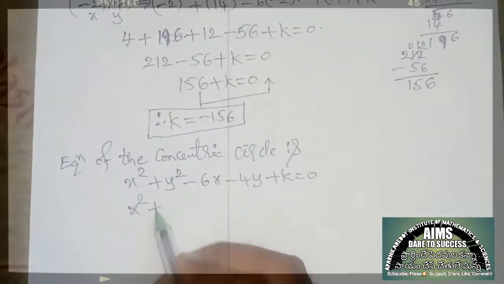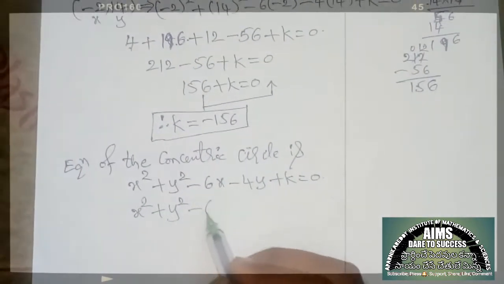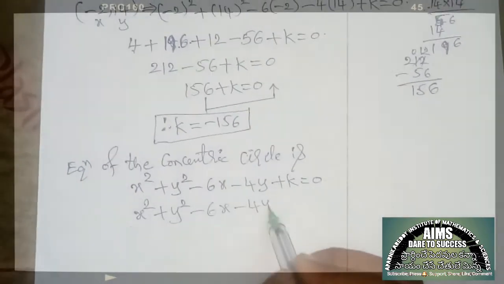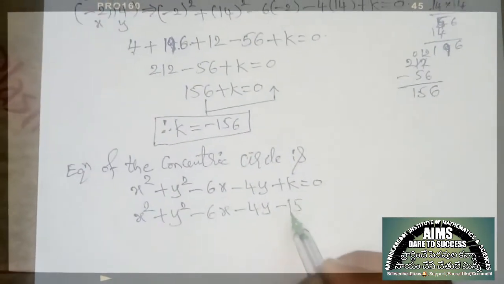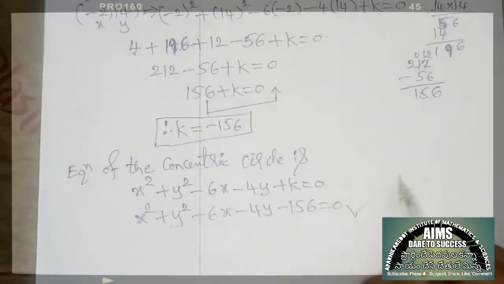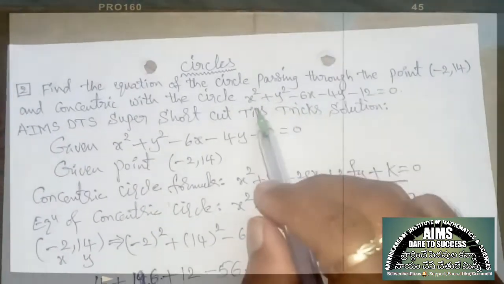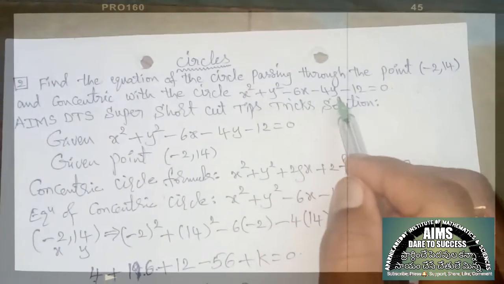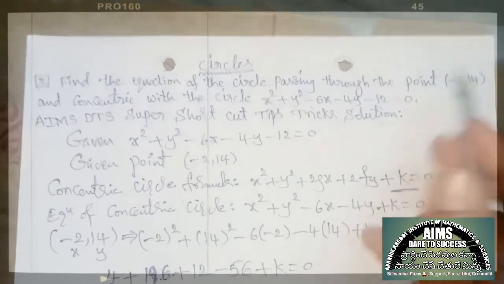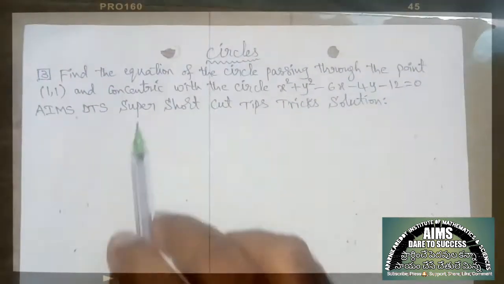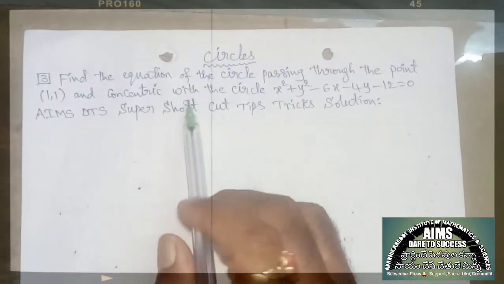So substituting here we get x square plus y square minus 6x minus 4y minus 156 is equal to 0, which is the equation of the concentric circle from the given question. Point is minus 2 comma 14 and circle is x square plus y square minus 6x minus 4y minus 12 is equal to 0. Similar concept, one more question I wanted to explain to you.